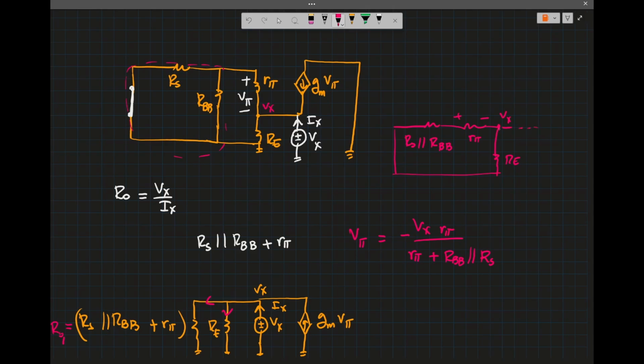The R pi and RS parallel RBB are in series, so I can do voltage division, and that's where this comes from.